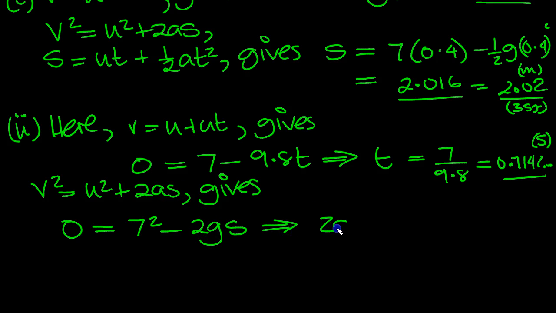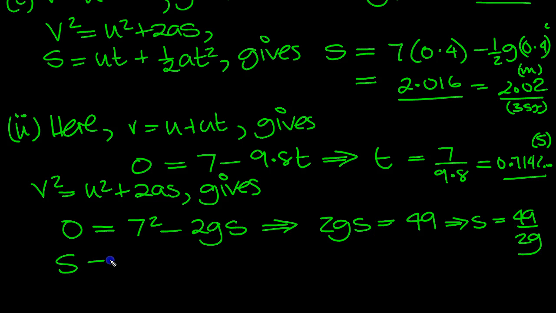So 2gs is equal to 7 squared, which is 49, and s is equal to 49 over 2g. So the total s that the particle travels up is 49 over 2g. We'll leave that in that form at the moment. So that's the greatest height.